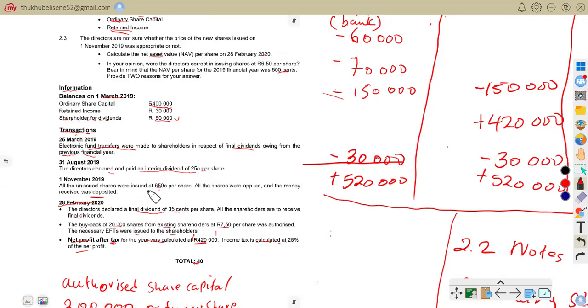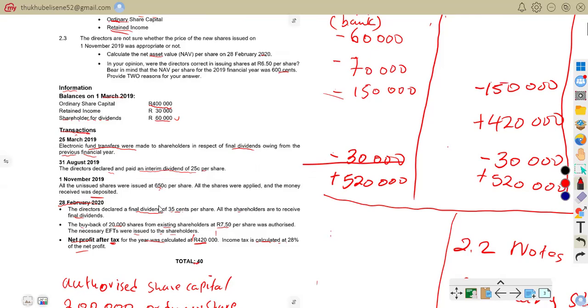All the unissued shares were issued at 650 cents per share, and all shares were applied for and the money was received and deposited. So that is the 520,000 that we calculated. We know our unissued shares were 80,000, so that's why we multiply 650 by 80,000, because now we are issuing them. Hope it's clear to you guys.